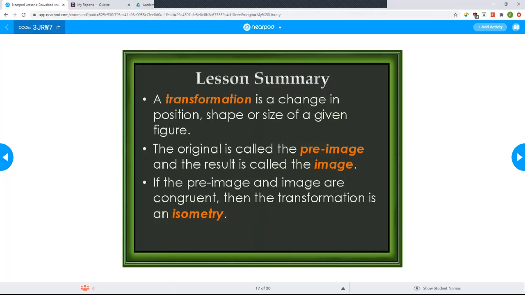All right, lesson summary. A transformation is a change in position, shape, or size of a given figure. The original is called the pre-image, and the result is called the image. If the pre-image and image are congruent, then the transformation is an isometry.